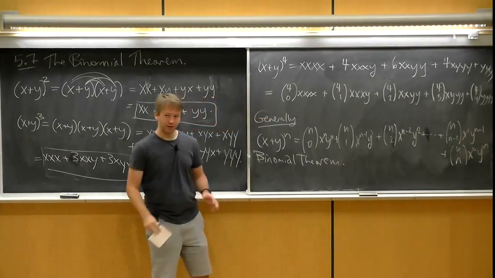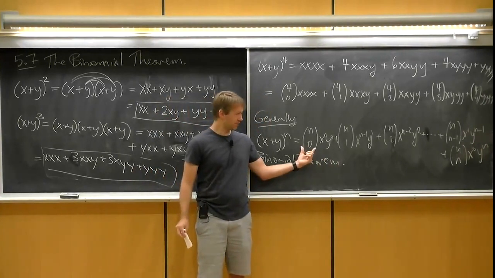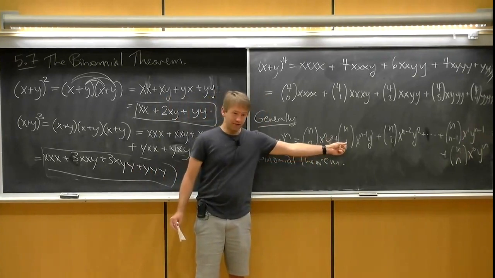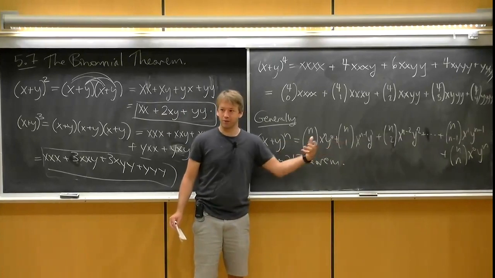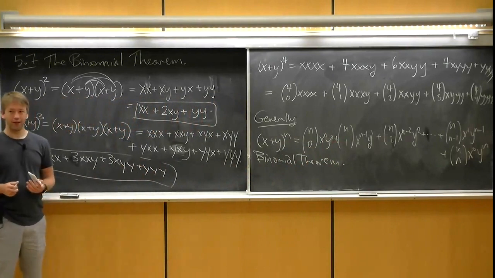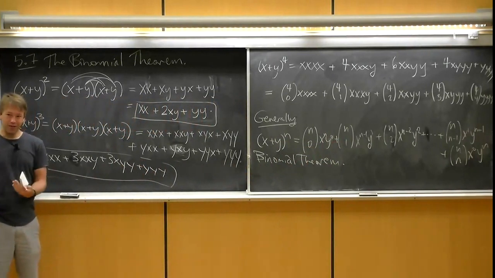Is it clear what I'm trying to write here? The coefficient of x to the n is n choose 0, which is 1. The coefficient of x to the n minus 1 times y is n choose 1, and so on. And there is a reason for this.